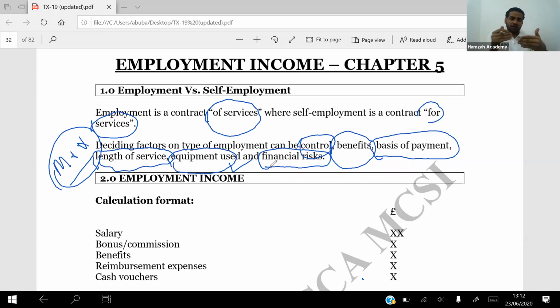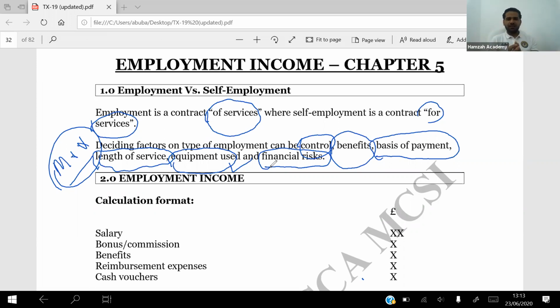In the first paragraph, 2 or 3 lines, whenever the examiner puts the scenario, he's going to mention somebody's name, his skill set, and then 3 or 4 factors, for example that he's a plumber, but the tools were provided by the company. It means he doesn't have the control, he doesn't own the tools, and he is being dictated by the company to do particular jobs. So this will be the deciding factor.